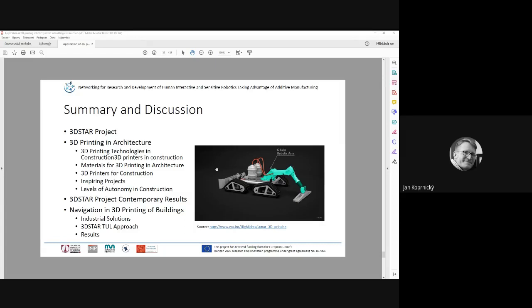They would like to build this independent construction robot. So this is one example. They would like to somehow sinter or glue moon dust or regolith with special liquids, independently, without any remote control or help of an operator.